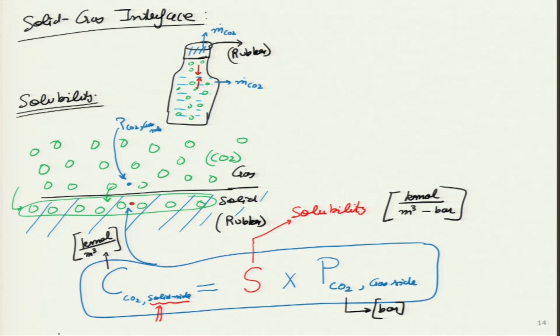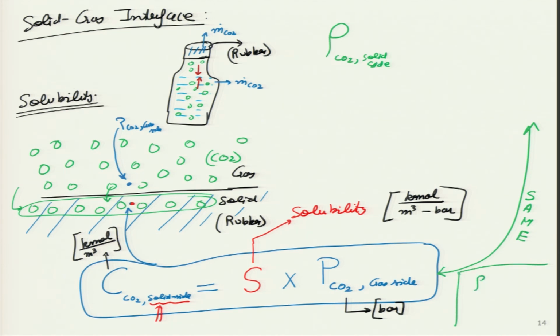Okay. This equation I can rewrite in another form, and I will write the same over here, because both equations will remain the same. Why do I want to convert it? Because instead of concentration, I would be more interested in writing it in density form. What is the density of CO2 on the solid side? So, is there a relationship between density and concentration?